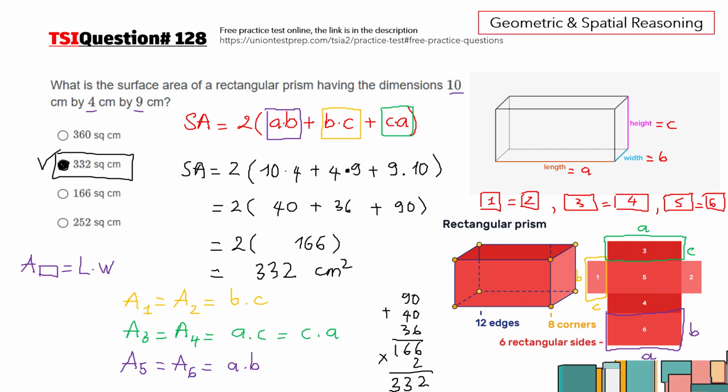You know why we multiply by 2, right? It's because we have two equal areas, so we count once and then multiply by 2. For example, the area of part 1 is B times C, that is 4 times 9. But then you have another equal area, area 2, and to count that you multiply by 2 because you have 2 parts of it.